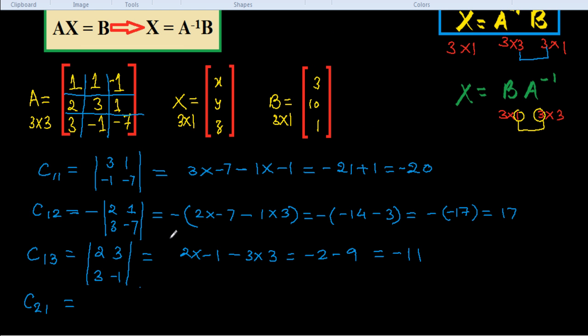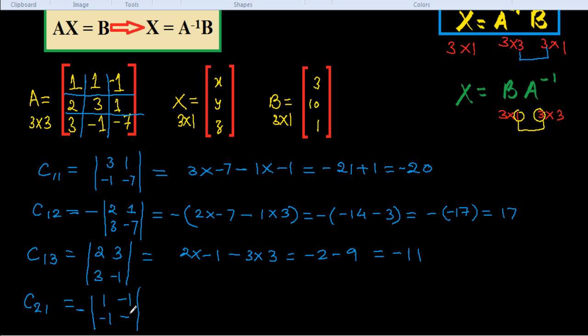Now C21. In C21 you see 2 plus 1 is 3, which is odd. So we have to put the negative sign outside this determinant. A21 is 2, so we have to take the elements 1, minus 1, minus 1, minus 6.